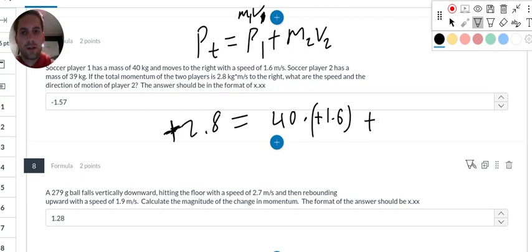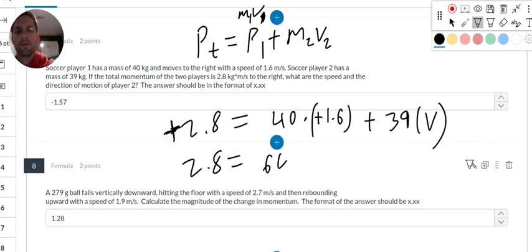plus this is the second player's mass, 39 kilograms. We don't know his speed, V. We do know this is 2.8 equaling 64, we use the calculator, plus 39V. And at this point we can just solve this out.